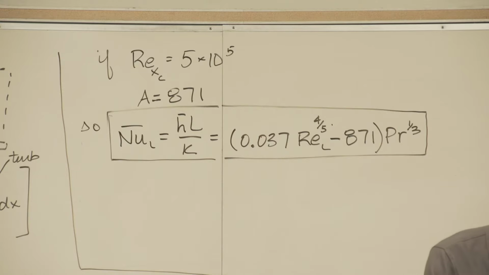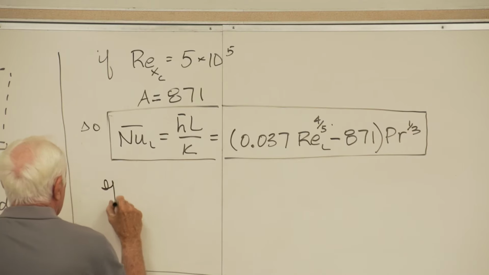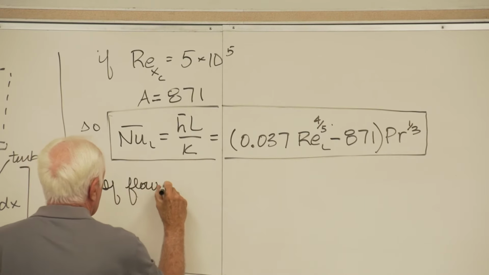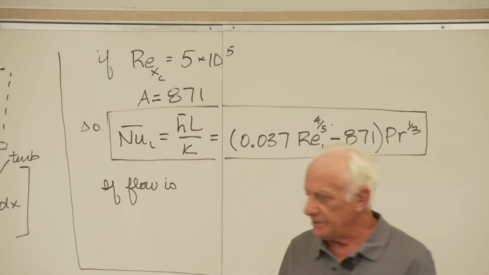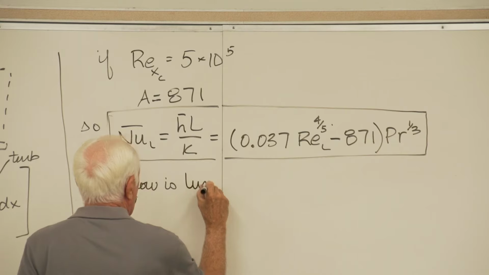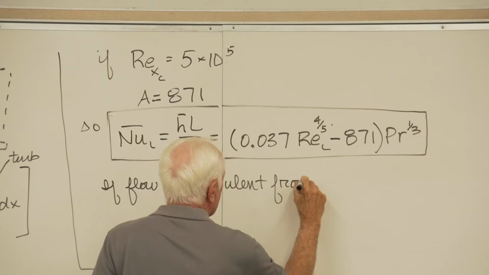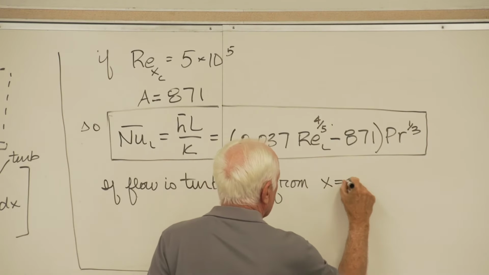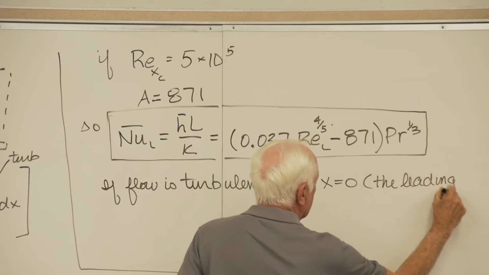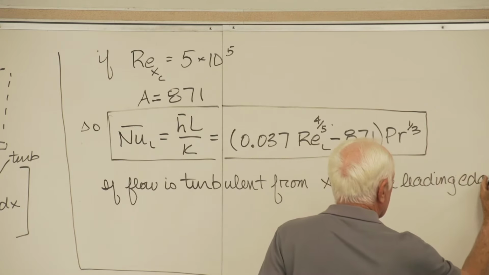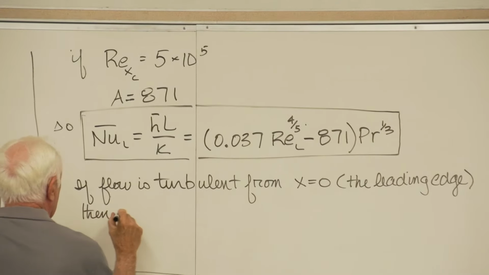Now, he also says if the flow is turbulent from the leading edge, then A equals 0.